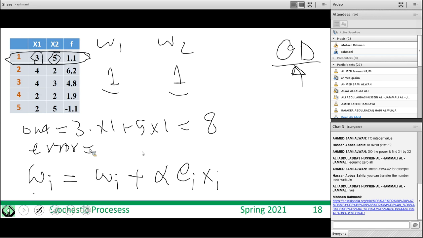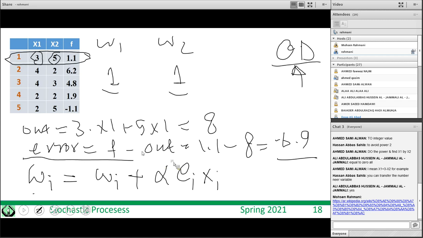Error is the desired output minus the output. This is 1.1 minus 8, which is minus 6.9.